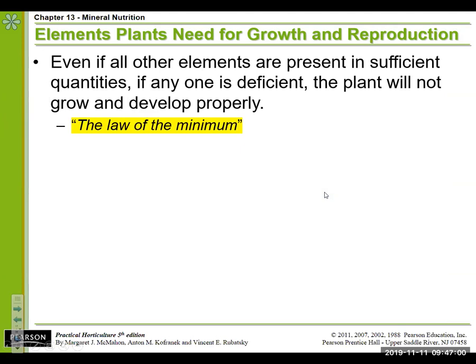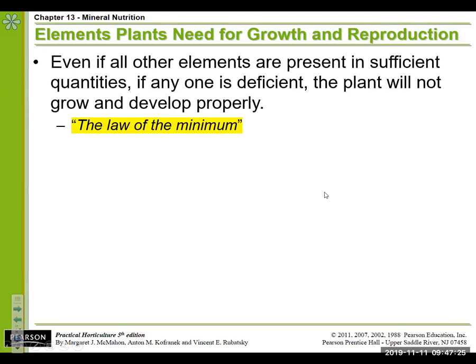Right, so if we have all of those essential elements, then the plant will grow. It will finish its life cycle just like it would regularly. If there is even one single element that is not present in sufficient quantities, then that plant will not grow and develop properly based on that one element.